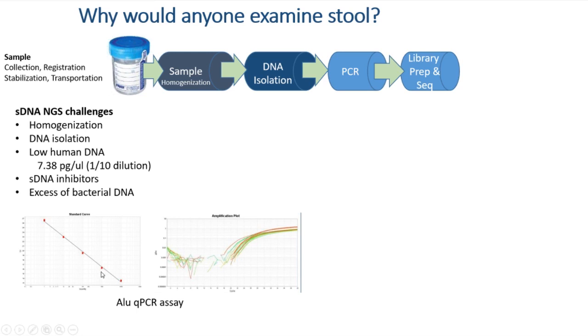Alu sequences are scattered frequently throughout the human genome, so you've got a nice strong signal. And it gives us a very good standard curve. But when we do that in the presence of stool, all our curves compact down. And we do dilutions and different things, as I mentioned, but there are a lot of challenges in actually getting an accurate determination.